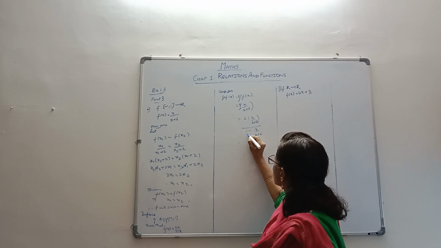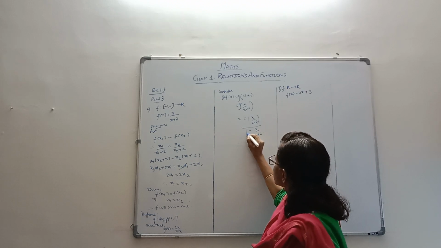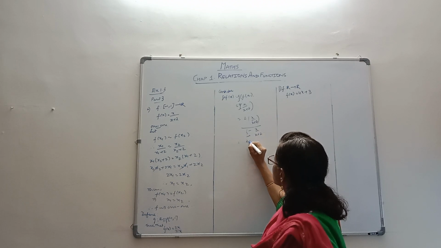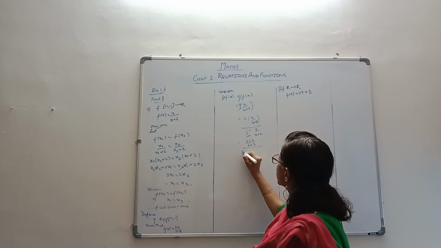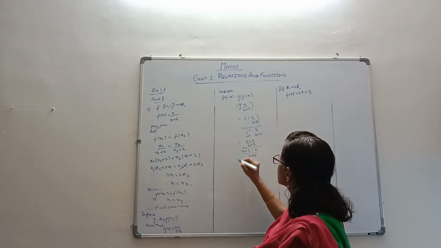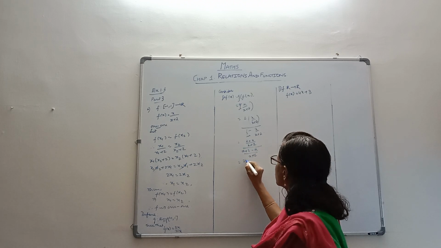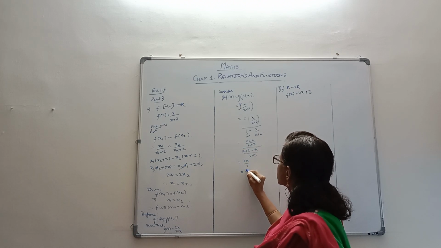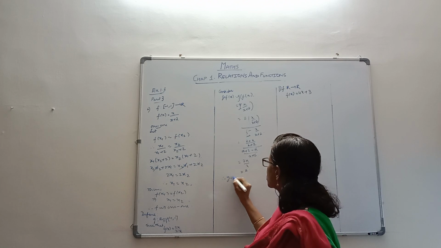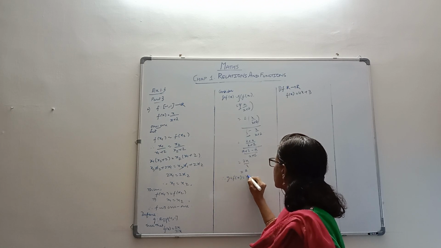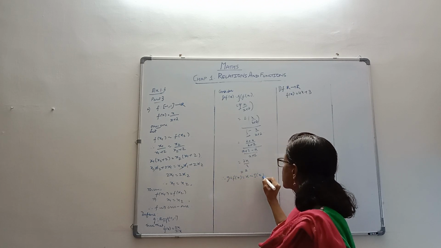So 2 times x by x plus 2, over x plus 2 minus x by x plus 2. The x plus 2 terms cancel, and we are left with 2x by 2, so x is left. So g o f at x is x, which is also called the identity of x.